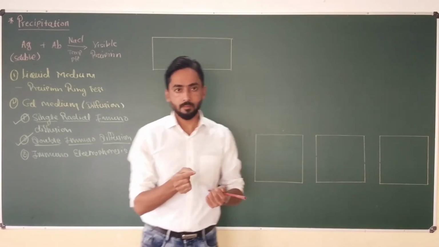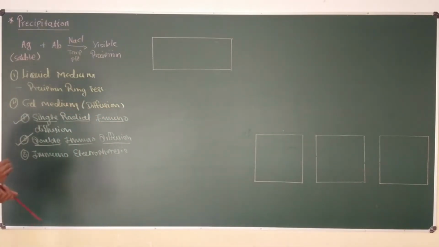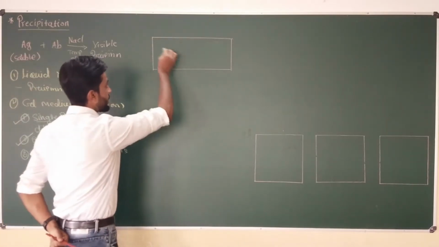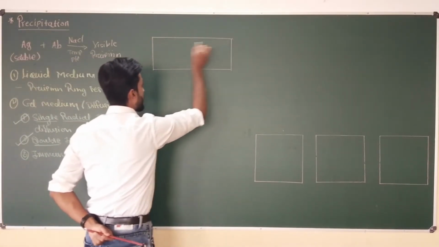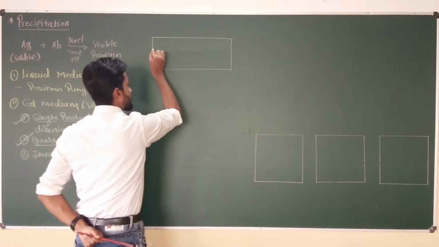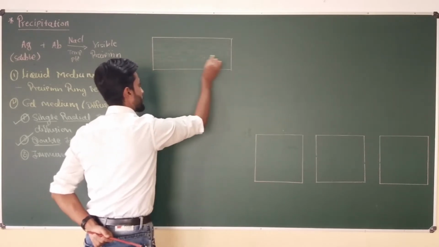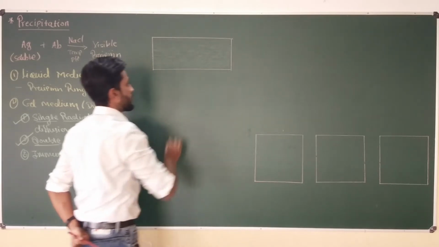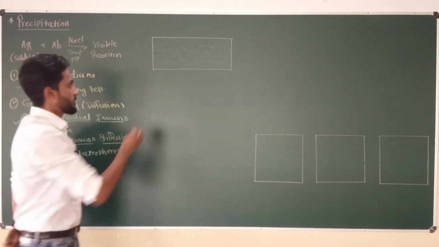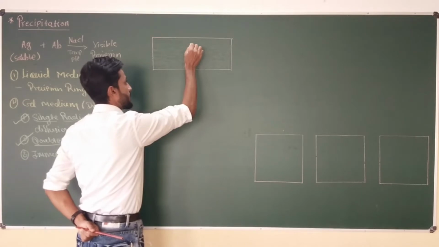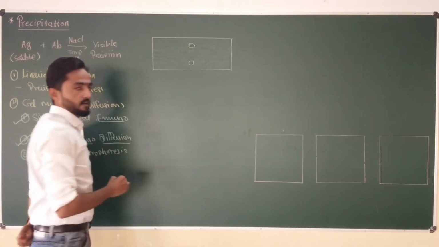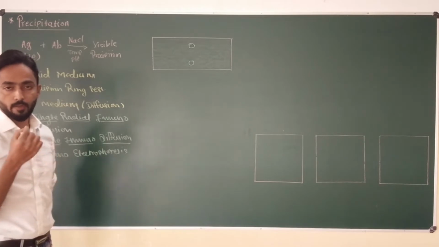in the gel. For example, suppose this is a glass plate on which we have poured molten agarose. After solidification, we make two wells in this agar or agarose with the help of a well puncture.